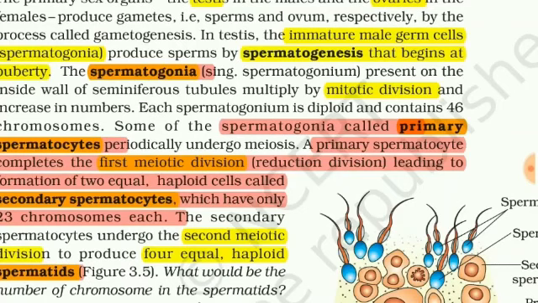First, the spermatogonium is 2n in number. 2n means diploid; humans contain 46 chromosomes, and the spermatogonium contains 46 chromosomes.